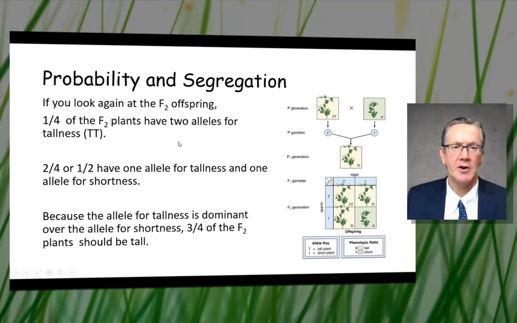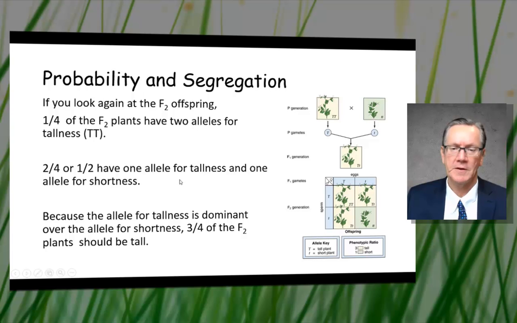Probability and segregation. If you look at the F2 offspring, 1/4 of the F2 plants have two alleles for tallness. This is homozygous dominant. 2/4 or 1/2 have one allele for tallness and one allele for shortness. So 1/2 are actually hybrids. Because the allele for tallness is dominant over the allele for shortness, 3/4 of the F2 plants will be tall.